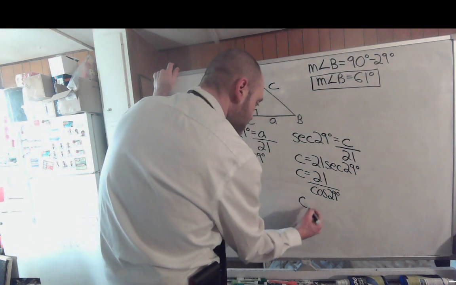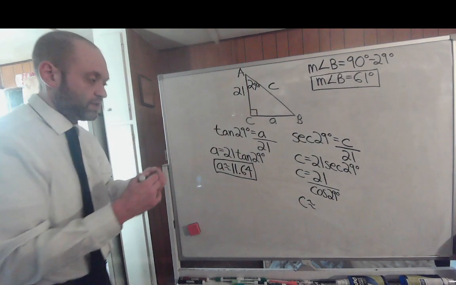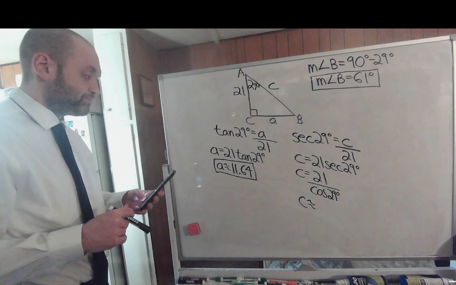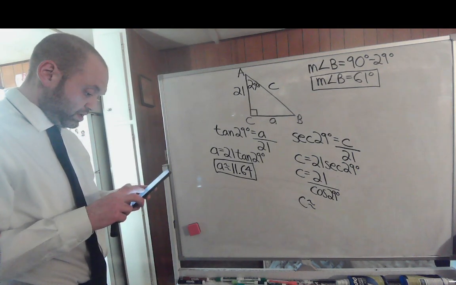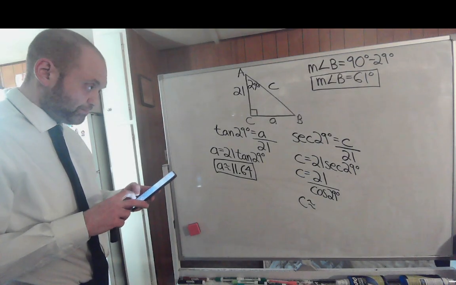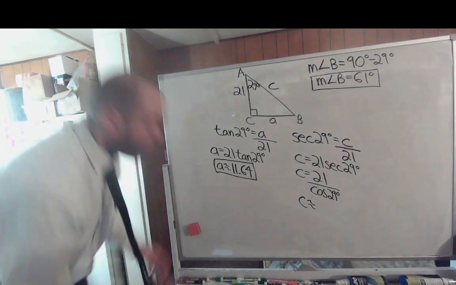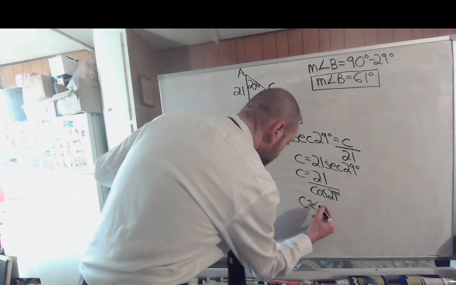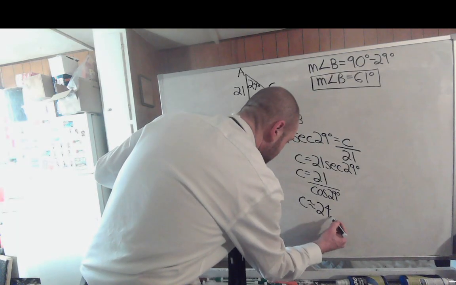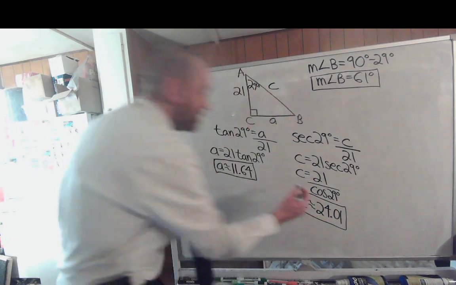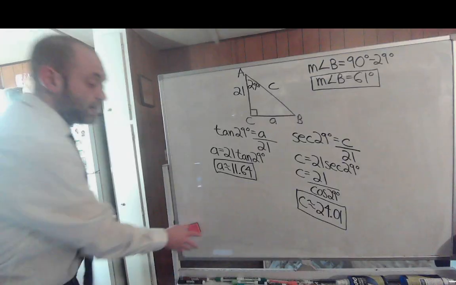Now we can get a 2 decimal place approximation for this. So let's go ahead and figure this out. You get about 24.01. So C has a length of approximately 24.01 units. And I got 3 more.